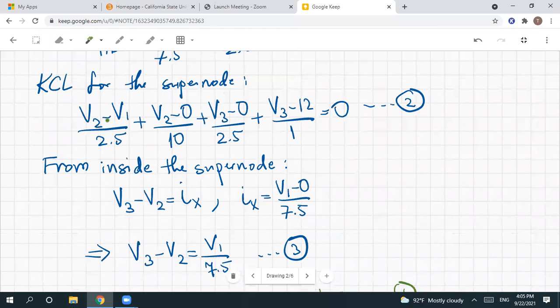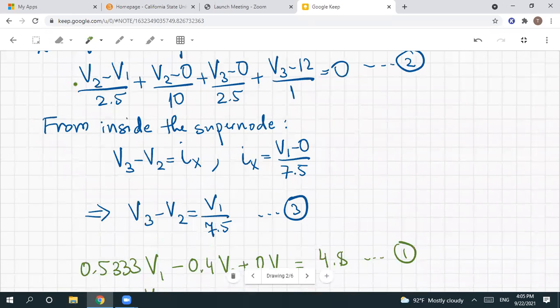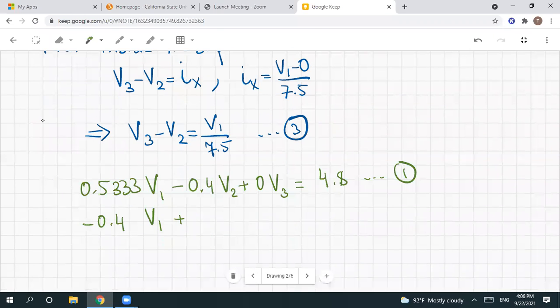Okay, my second equation, now I need to collect the coefficients for V1, and V1 here is only 1 over 2.5, so it will be negative 0.4 V1. And for V2, we need to add all the coefficients, 1 over 2.5 plus 1 over 10. 1 over 2.5 will be 0.4, and 1 over 10 will be 0.1.